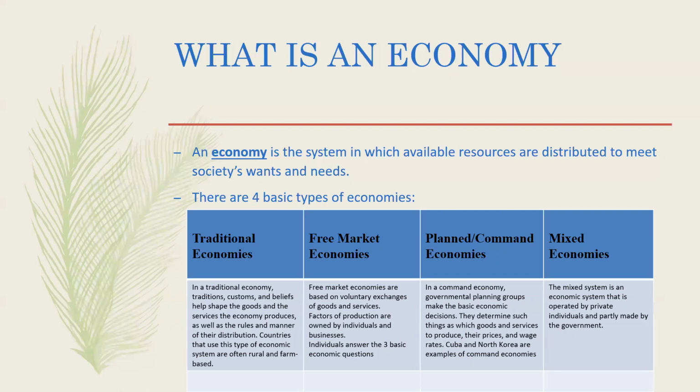There are 4 different types of economies, and we are going to see this in POB as well. We just didn't reach that part of the POB syllabus. So heads up for those doing POB, we have 4 types of economies: traditional, the free market economies, planned, also called the command economies, as well as the mixed economies.